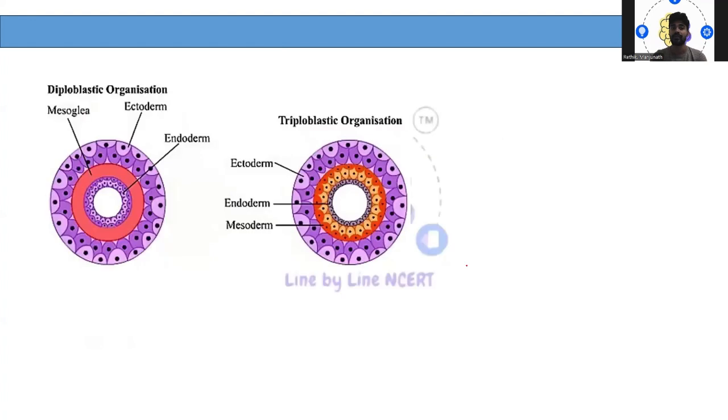After symmetry, we have diploblastic and triploblastic modes of organization.